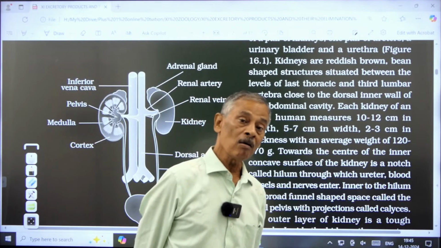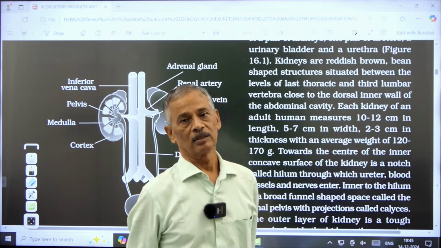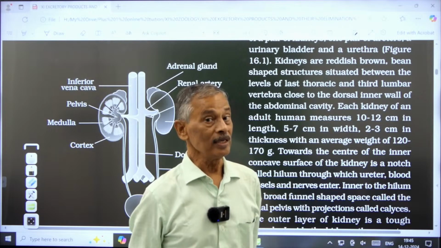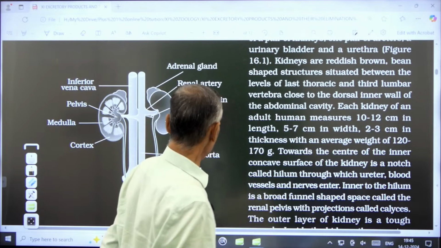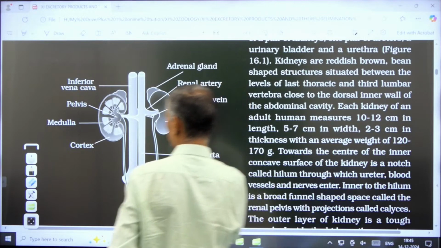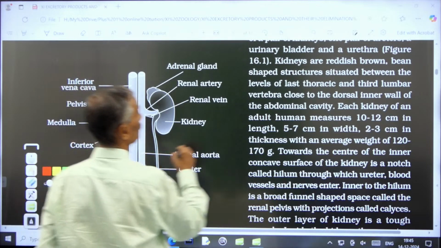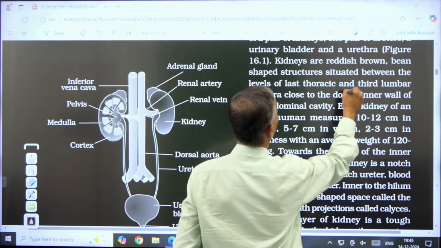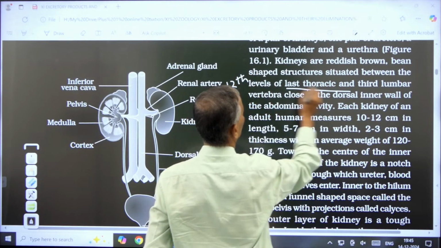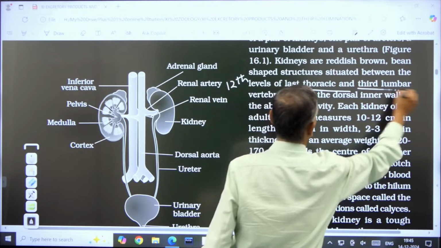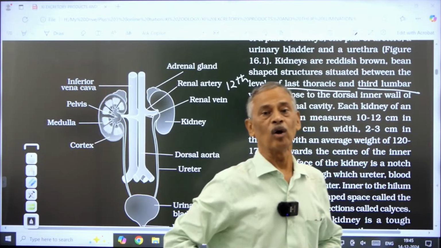Between the last thoracic, and there are 12 thoracic vertebrae, so last thoracic is 12th thoracic, please mark it, and third lumbar. Lumbar means vertebrae in the abdomen.